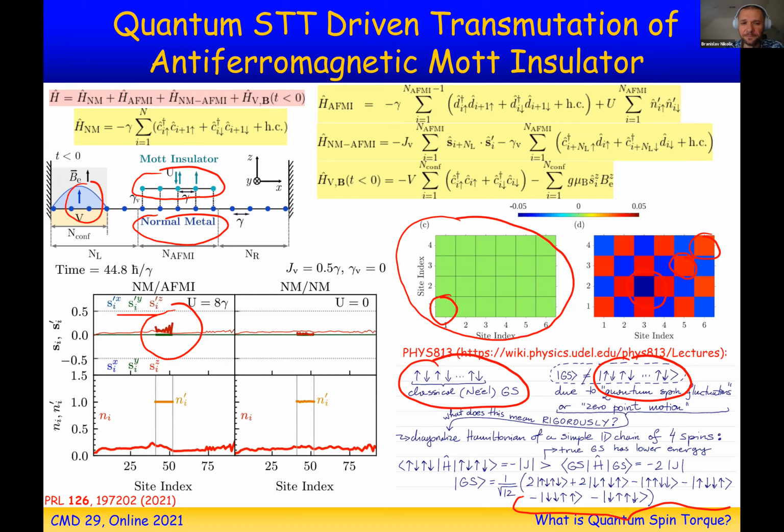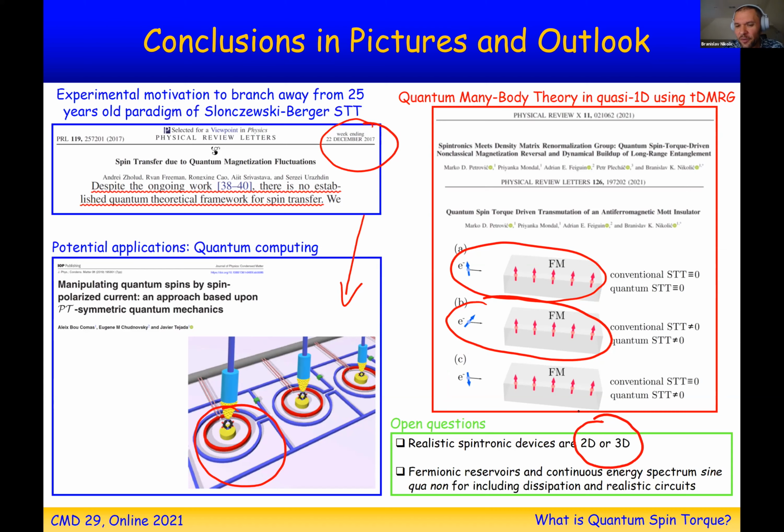Eventually, to model realistic spintronic devices, we would like to go into 2D and 3D. We would like to attach fermionic reservoirs, which should go toward the talk that Xavier Waintal gave, and have a continuous energy spectrum, which is sine qua non in non-equilibrium many-body physics oriented toward realistic systems, to include dissipation and circuits. But this is a task ahead which will take many years to solve and develop.